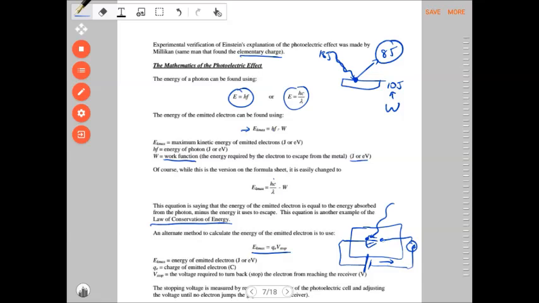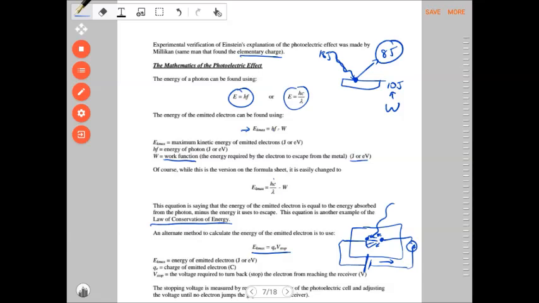If I do that, what will happen is this end, instead of collecting the electrons, will push them away. So the idea of the stopping voltage is, how big does this voltage have to be to make sure that all these emitted electrons get pushed away from the collector.